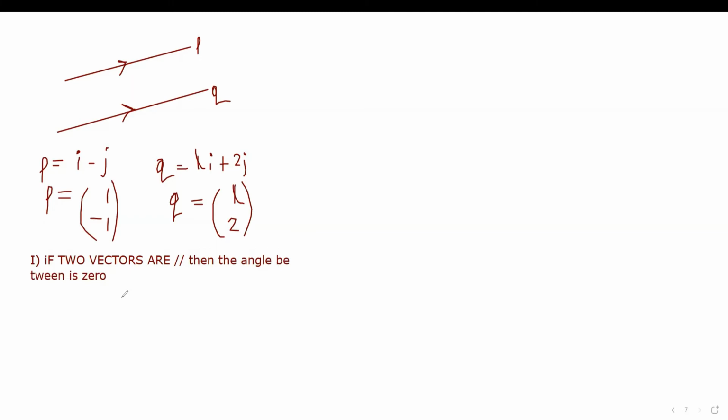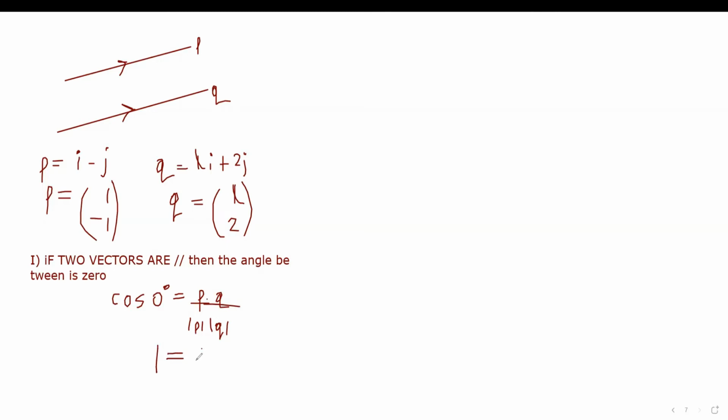If you were to set up the formula, that means the cos of the angle 0 is equal to P dot Q over the modulus of P times the modulus of Q. That's what we're going to use to find lambda. The cos of 0, because the angle is 0, the cos of 0 is what? The cos of 0 is 1. So 1 is equal to P dot Q.